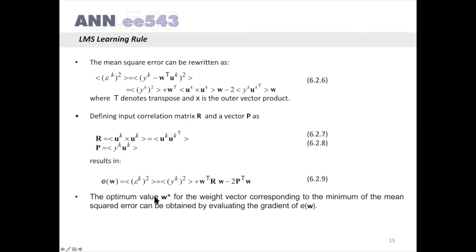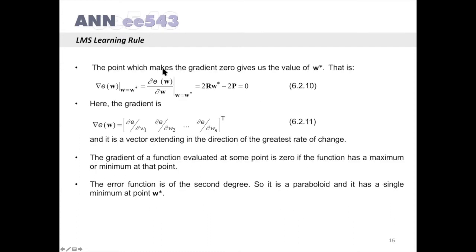The optimum value W star for the weight vector corresponding to the minimum of the mean squared error can be obtained by evaluating the gradient of E(W). The point which makes the gradient 0 gives us the value of W star.